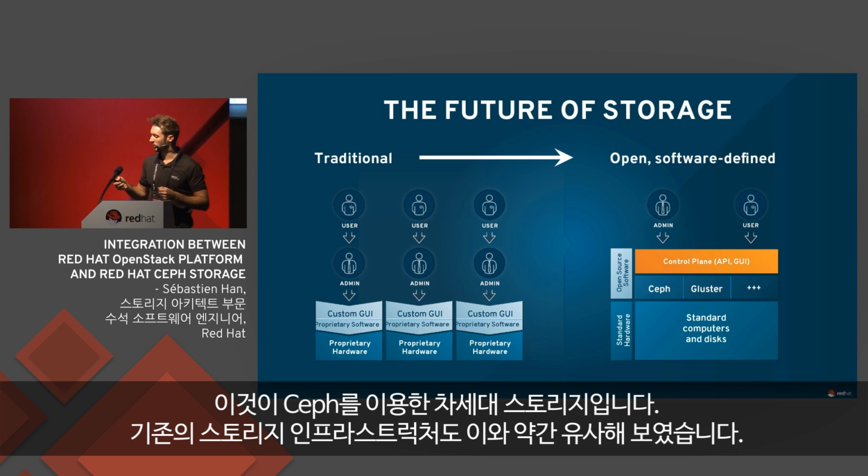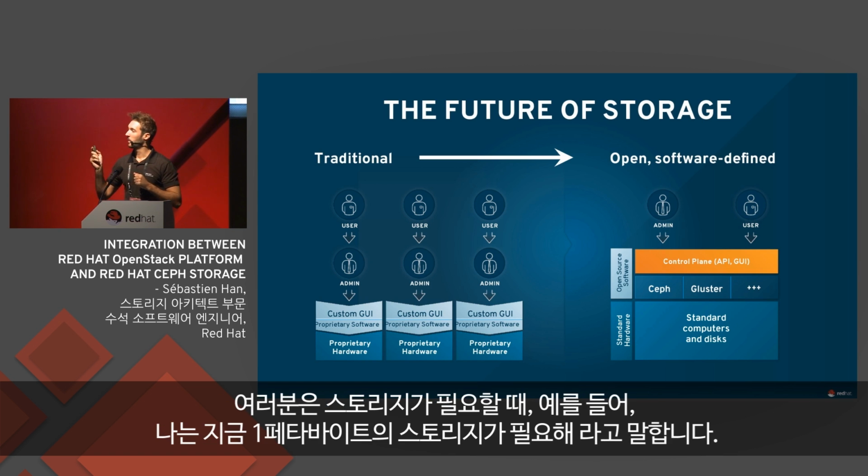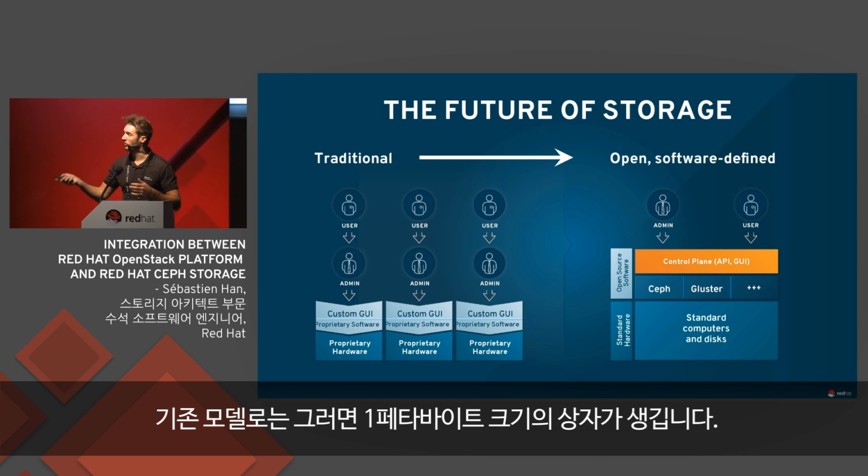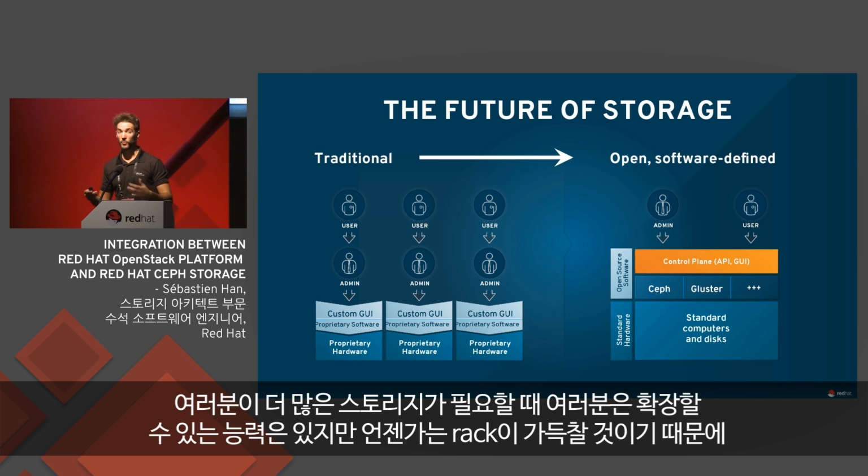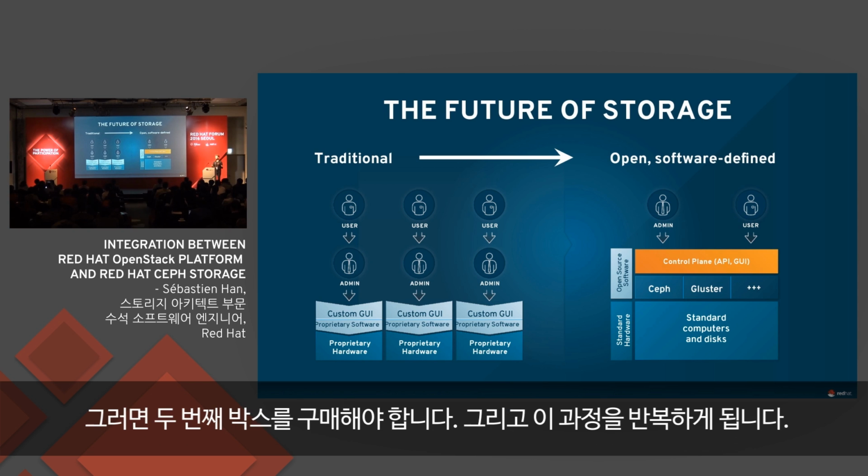Traditional storage infrastructure looks a little bit like this. Basically, when you require storage, you say, okay, I need, for example, 1 petabyte of storage. Then what you get in the traditional model is a big box with 1 petabyte. If you need more, you have the ability to scale up, but at some point the rack will be full, so you will have to buy a second box.